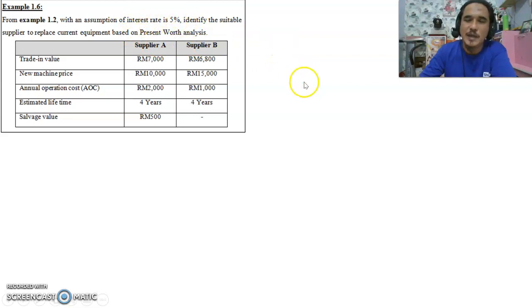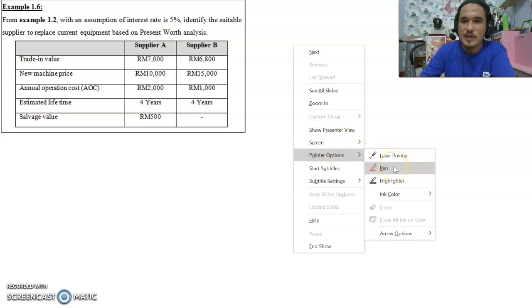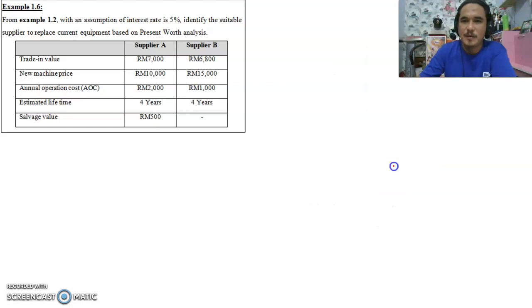First, as I mentioned earlier, we need to use the CFD method. CFD is a cash flow diagram.